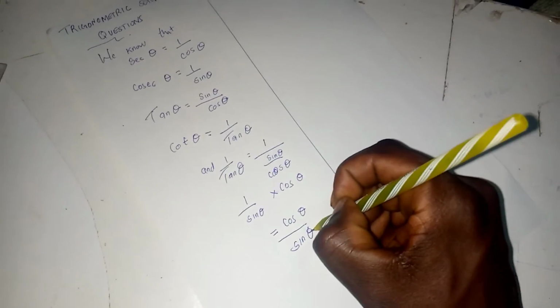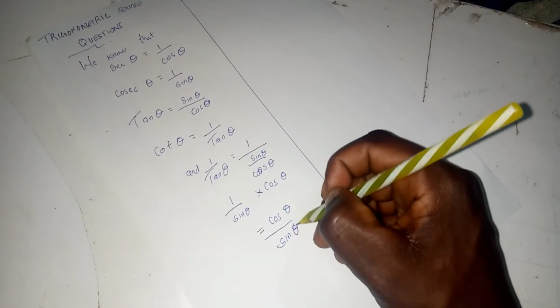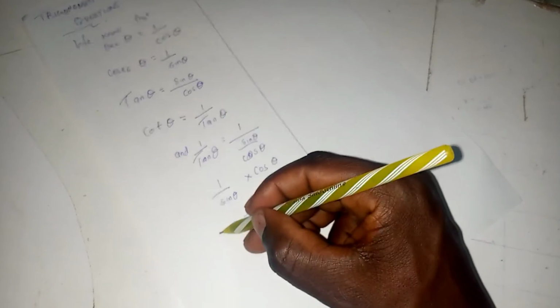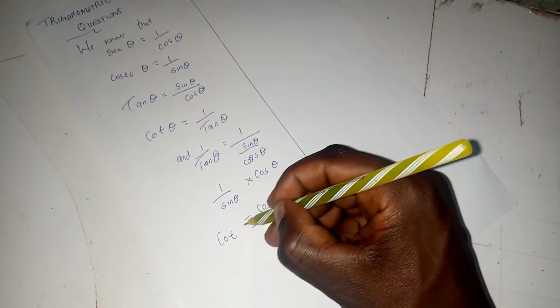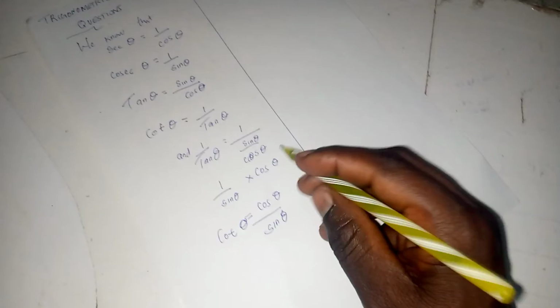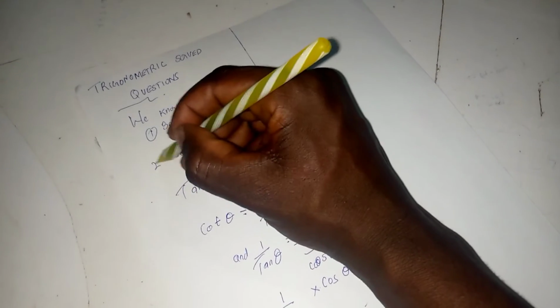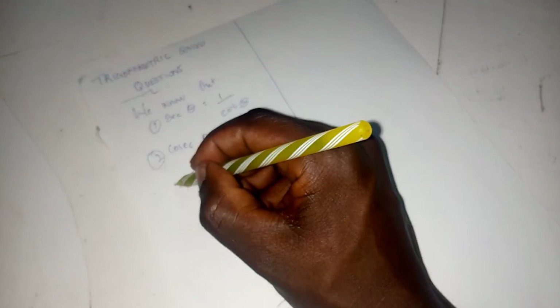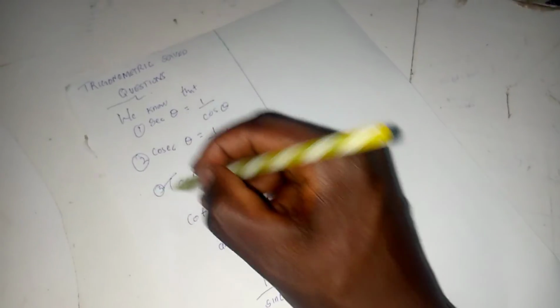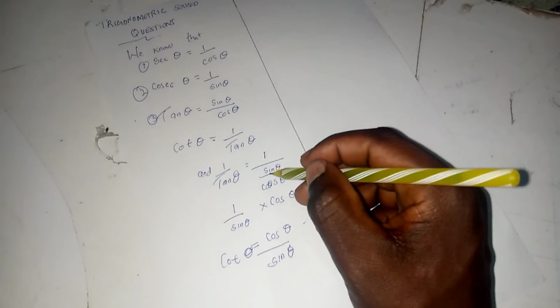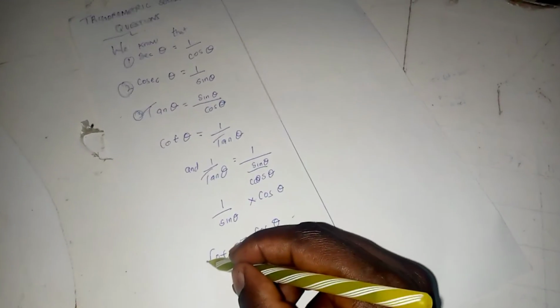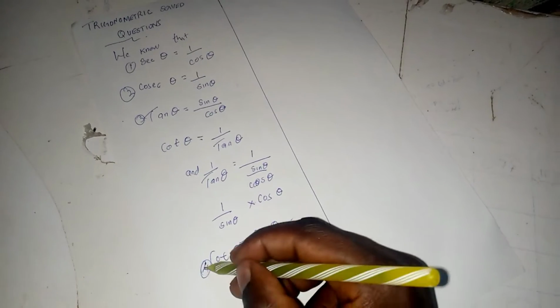That is cot theta. I think I've simplified it to the best I can. Let me number them: 2, 3, and number 4 is cot theta.